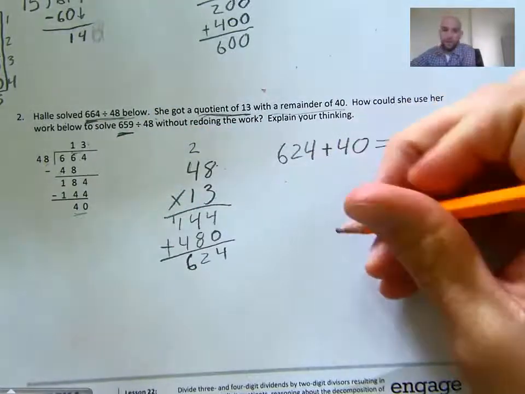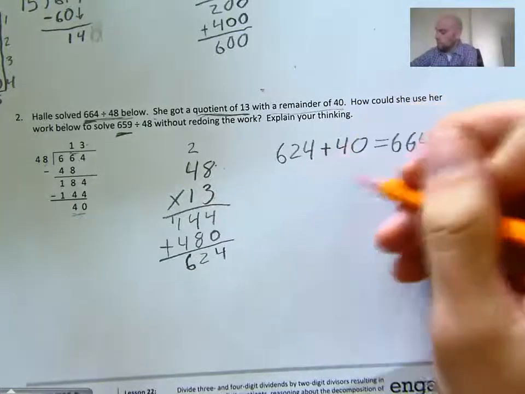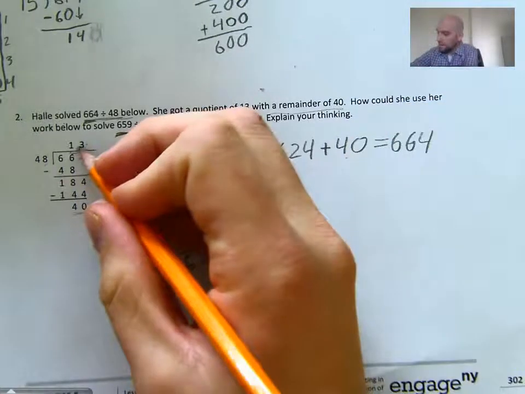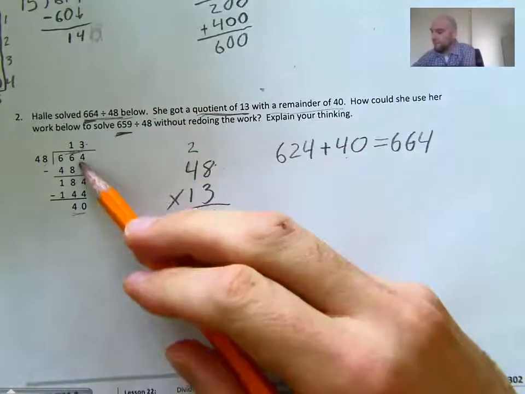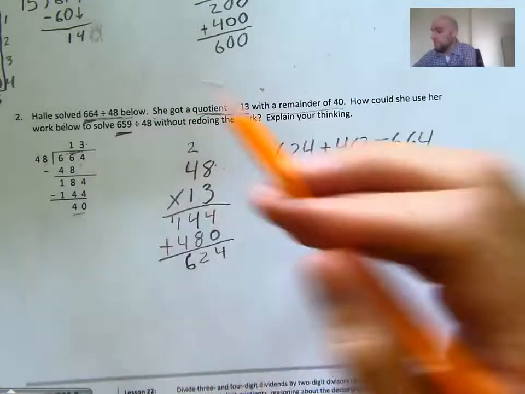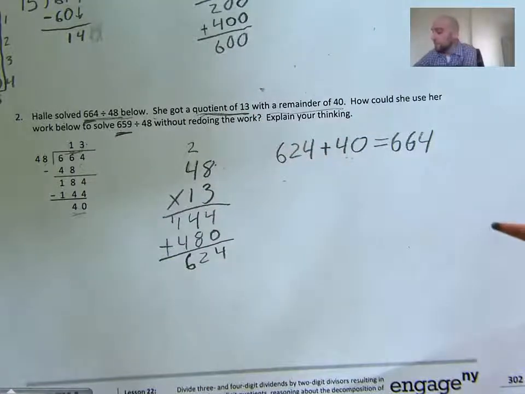So if we want to figure out what the difference would be, well, it's not going to change this 13. The difference is only 5 between 664 and 659.